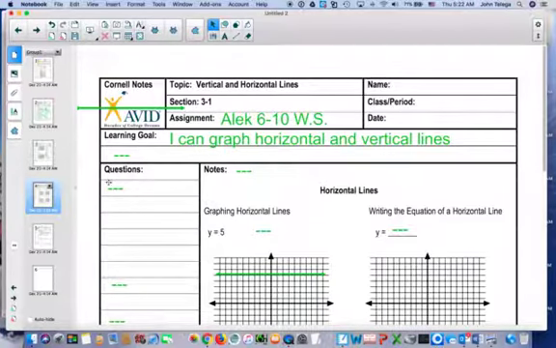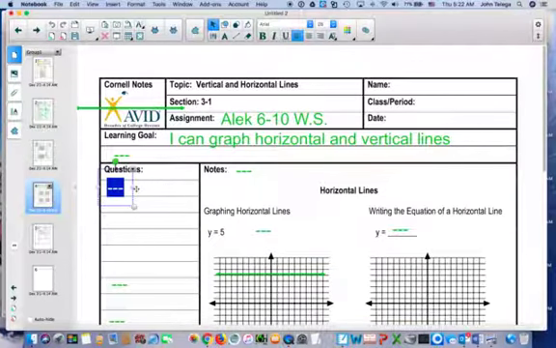Okay, and how do I graph vertical lines? That's our question. Vertical means up and down. I always just think of a rocket ship, goes up and down.